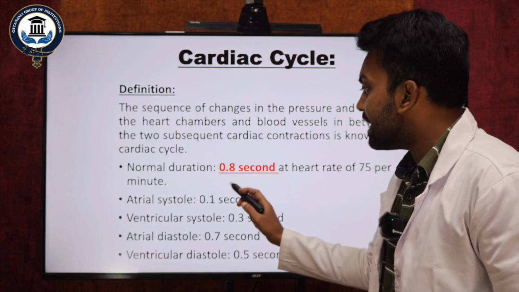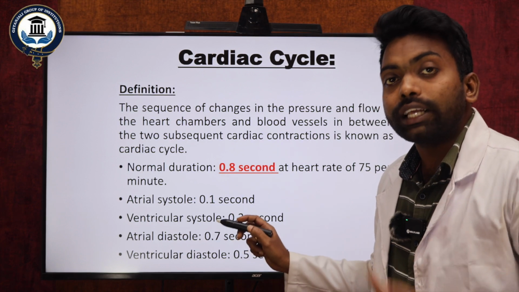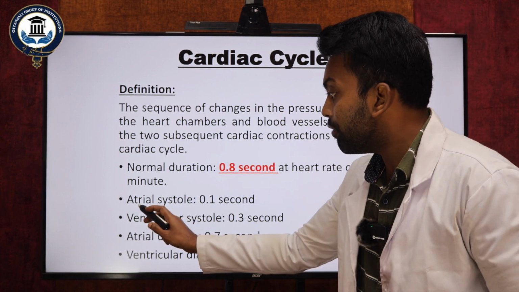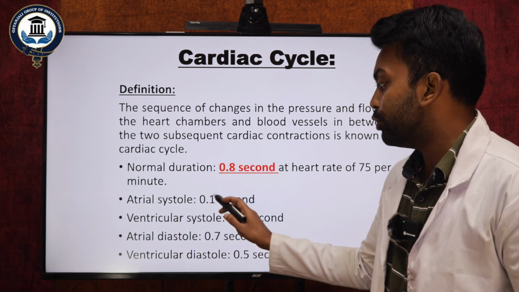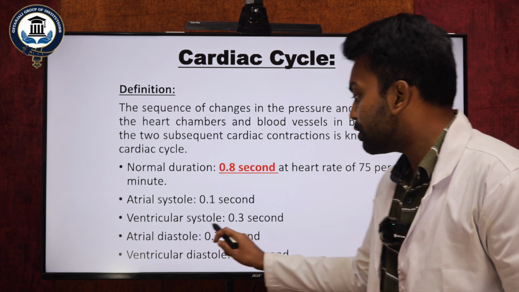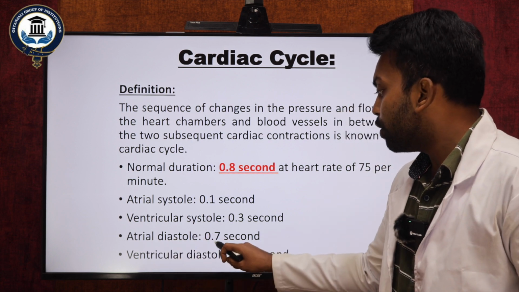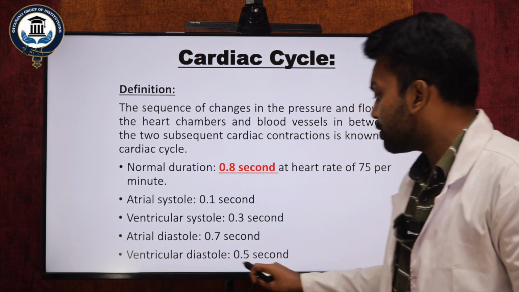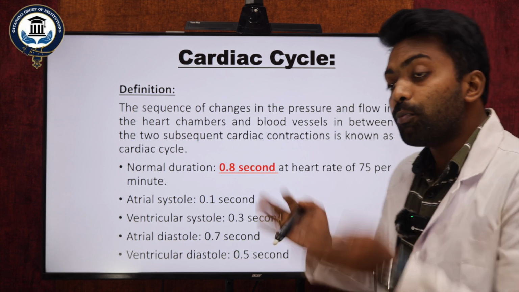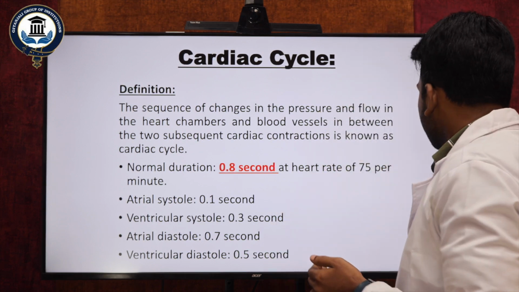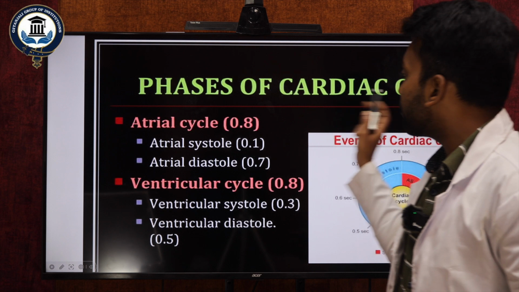Within the 0.8 second, as I told you, there are events. The first event is atrial systole, about 0.1 second; ventricle systole, 0.3 second; atrial diastole, 0.7 second; ventricle diastole, 0.5 seconds. Let me show one more thing: the phases of the cardiac cycle.